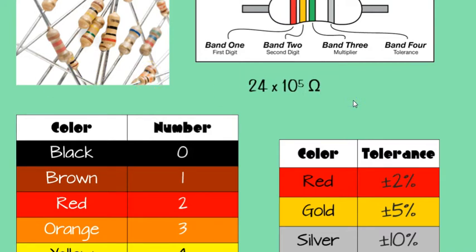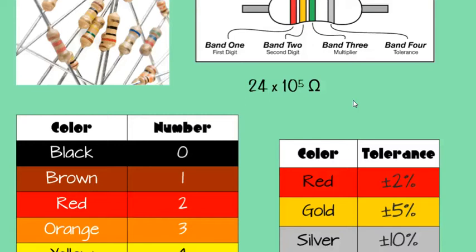Now that leaves us with mostly everything other than the tolerance. So let's talk about that tolerance for a moment. Every resistor is manufactured in batches of probably millions at a time, maybe hundreds of thousands at a time. In that manufacturing process, it's very difficult to create thousands, hundreds of thousands, millions of resistors with the exact same resistance.